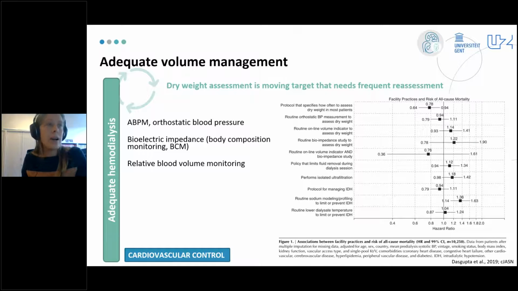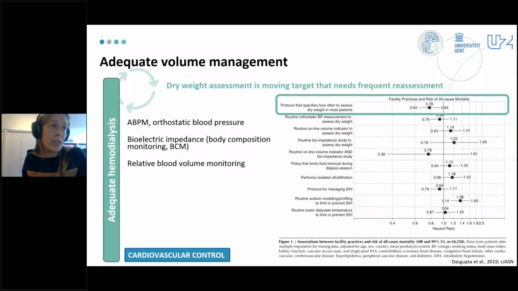What they saw is that centers that have protocols that specify how frequently and how you should address dry weight assessment have overall the best outcomes in terms of cardiovascular morbidity and mortality. On the other hand, you see that only using, for instance, the online volume indicator is not really giving a benefit for the patient in the long run.